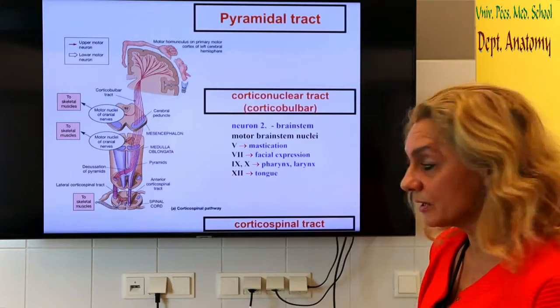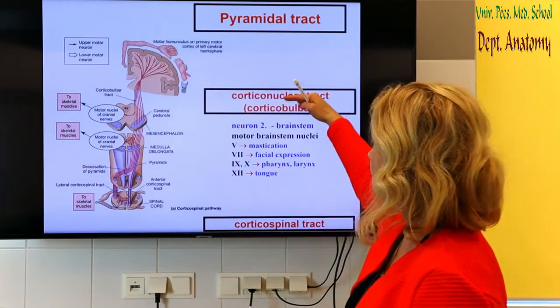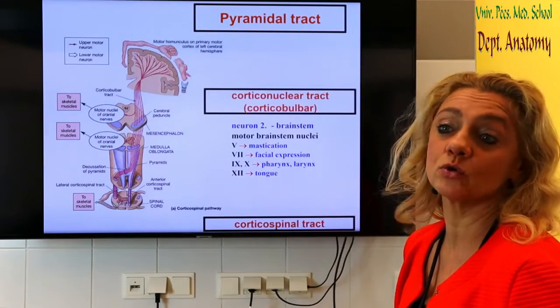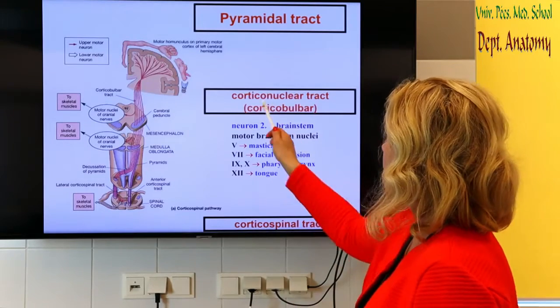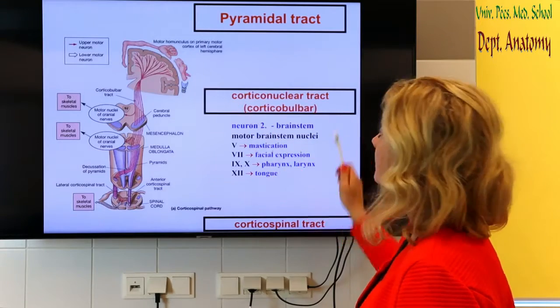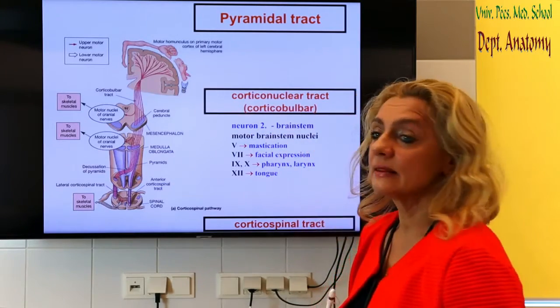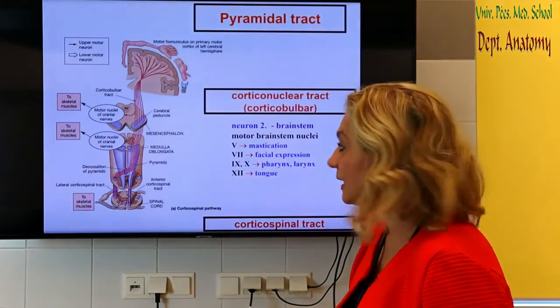Here, when we say pyramidal, we mean both those fibers that go down to the spinal cord, this is the corticospinal tract, or those which end in the brainstem, in the brainstem motor nuclei.